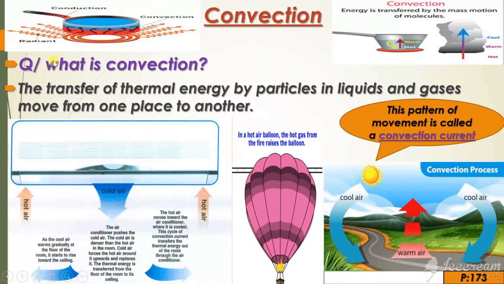Another way to transfer thermal energy, number 2, convection. What is convection? The definition of convection: the transfer of thermal energy by particles in liquids and gases moving from one place to another.